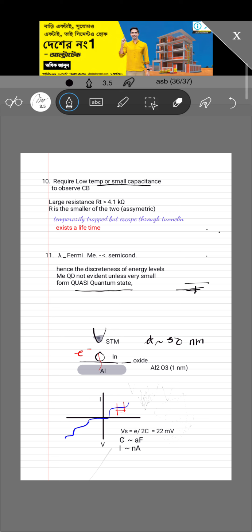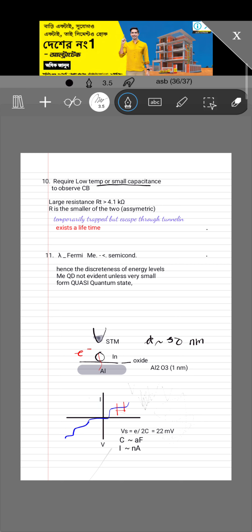So this gives you quasi-quantum states, and the energy can be represented by E = E0 - iΓ.